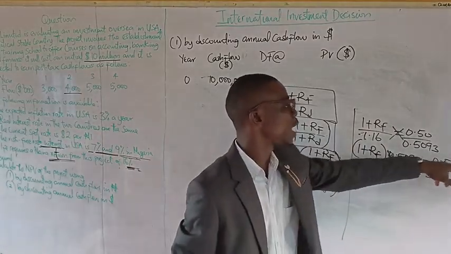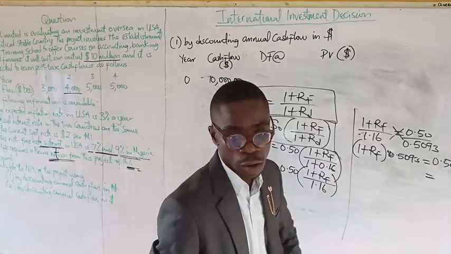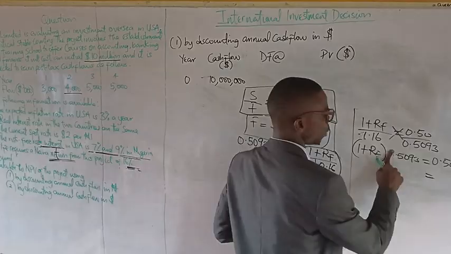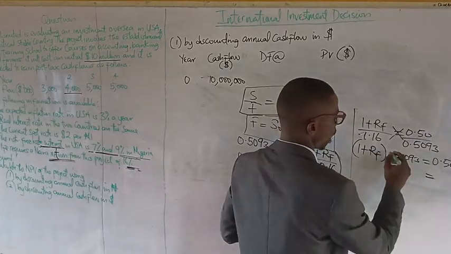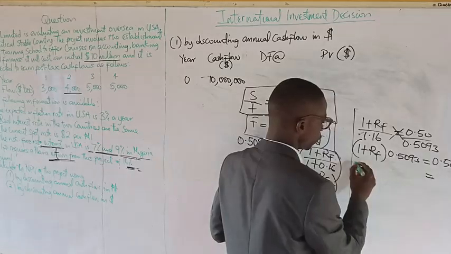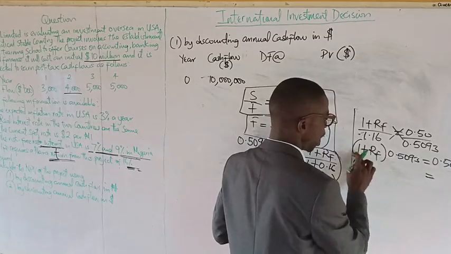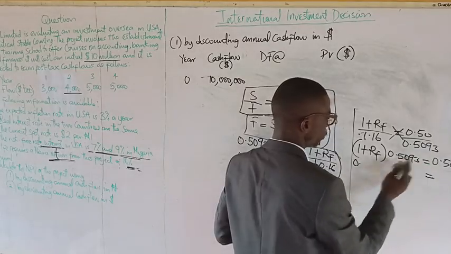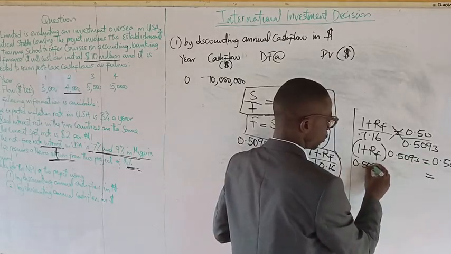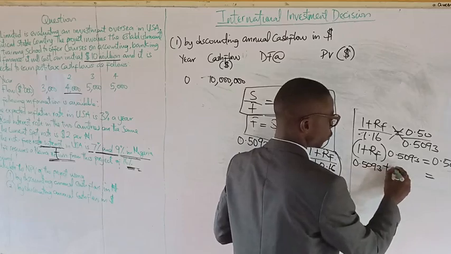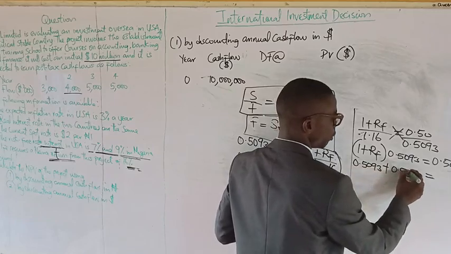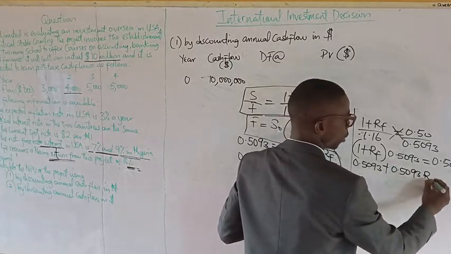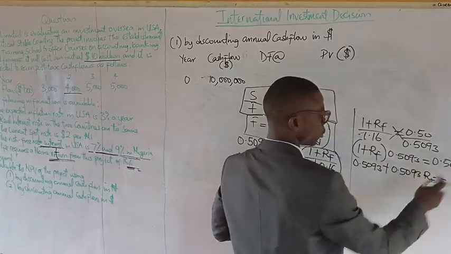This one will give us 0.5093 plus 0.5093 RF, equals 0.58.